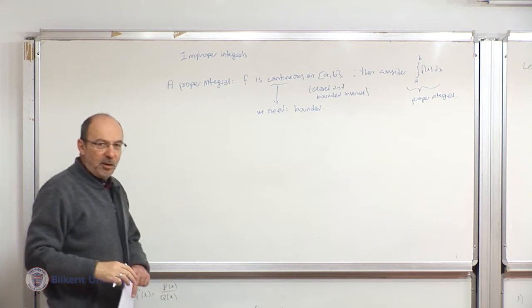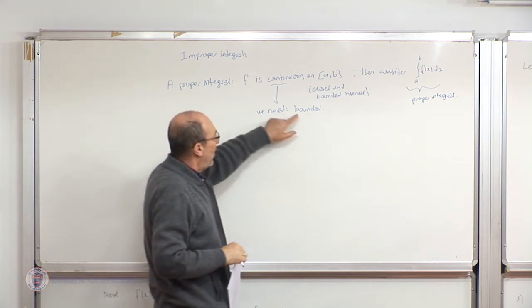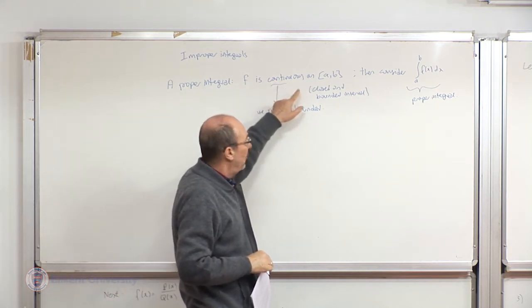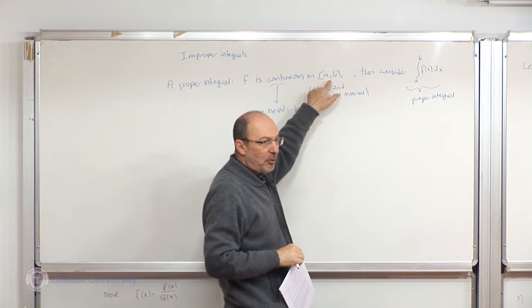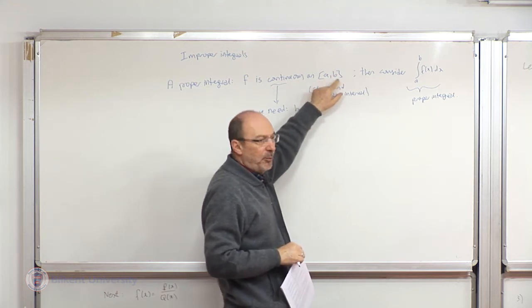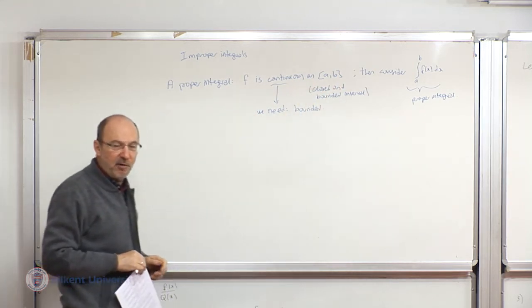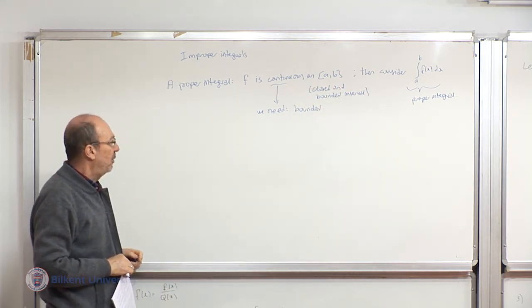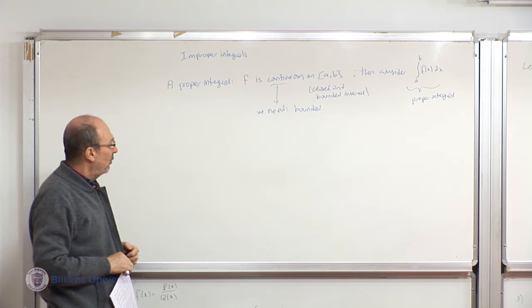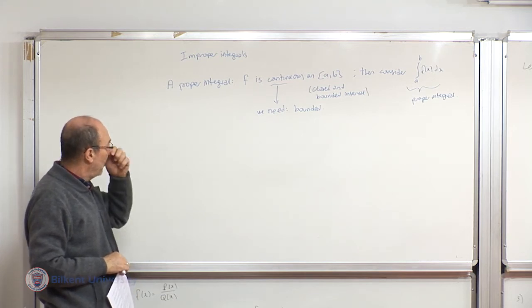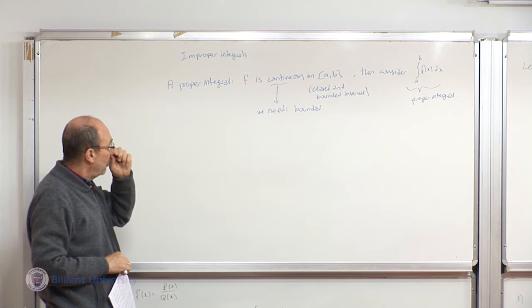Okay, so these are the conditions. f is bounded on the interval. The interval is closed and bounded. The interval is finite. The endpoints are there. Okay, and everywhere the function takes a nice value. Moreover, it is integrable. But generally, we work with continuous functions. So we start with a continuous function.